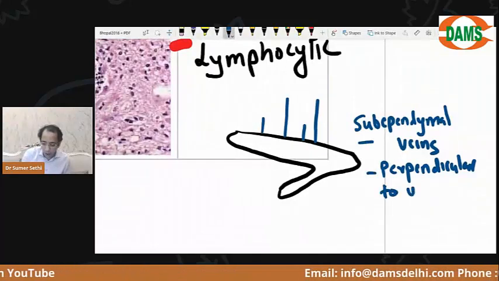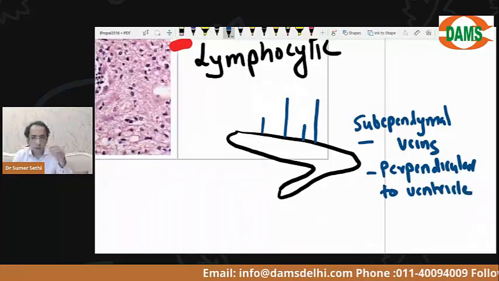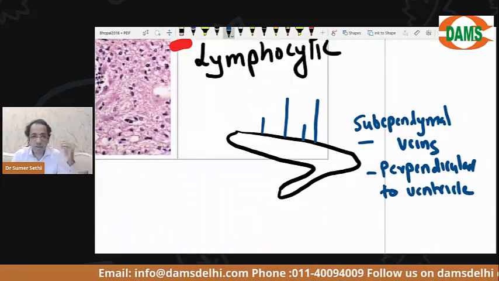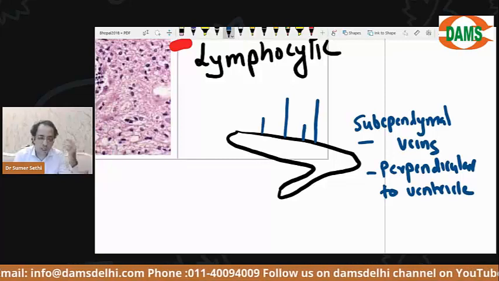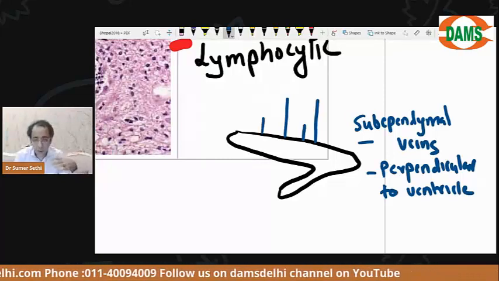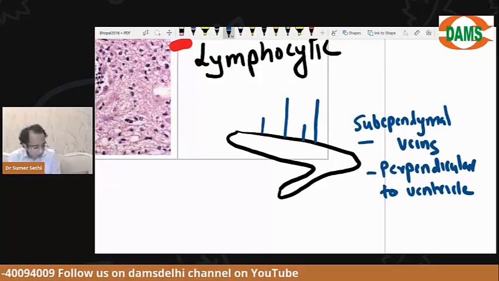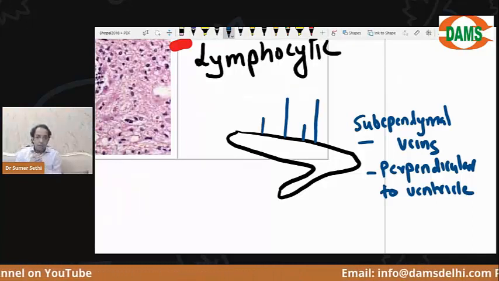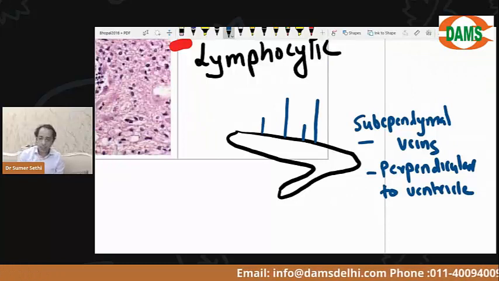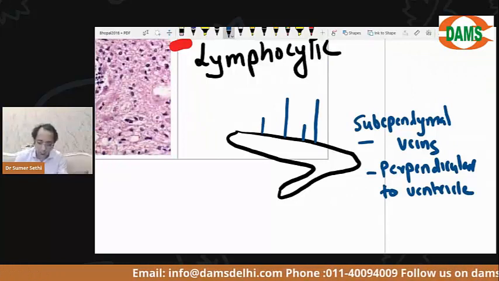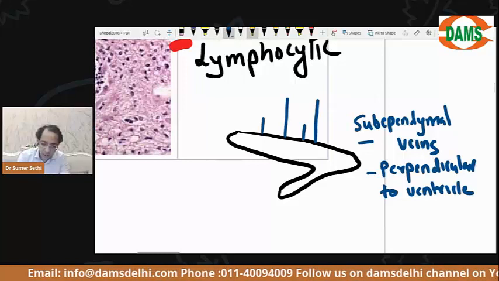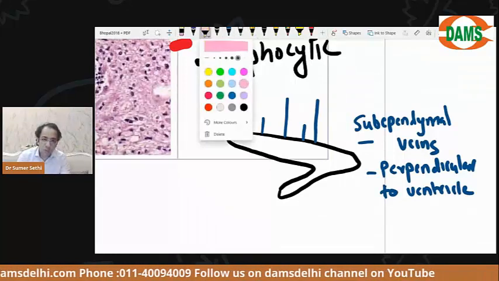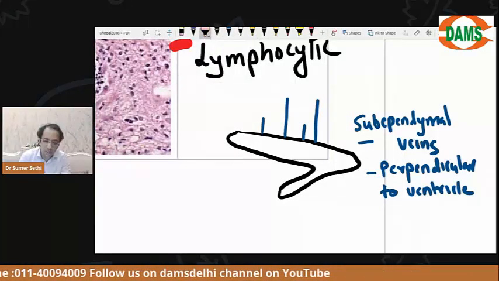In MS, you have perivenular inflammation that is characteristic on pathology. When I look at anatomy, the subependymal veins are seen perpendicular to the lateral ventricle. Now, anybody can think and answer, what will happen around the veins in MS?